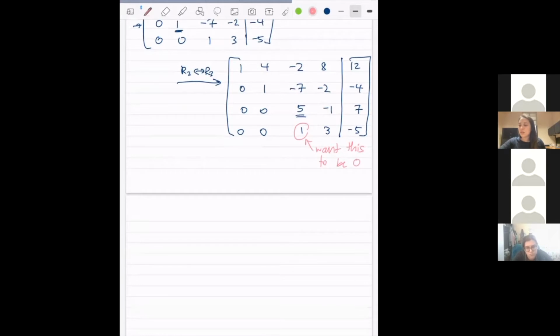And we can do that using our replacement row operation, where we'll take that fourth row and use the previous row to eliminate that 1, okay? So we can take the third row, and in order for that 1 to go away, we'll need to multiply the third row by 1/5 and then subtract it from the first one. Right?